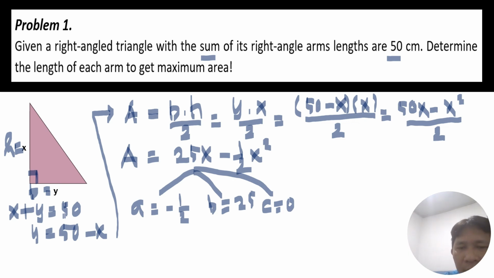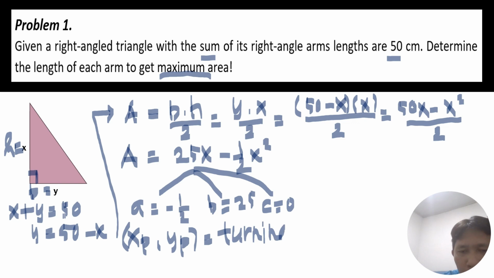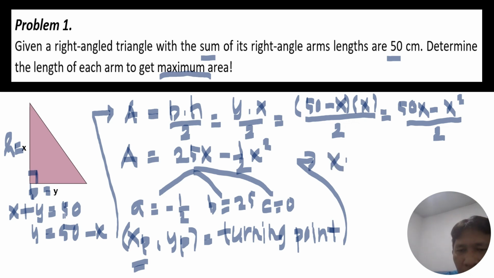Okay, now we know the concept that to get maximum area, it depends on the value of xp. So we have xp and yp as the coordinate of the turning point. This is the turning point coordinate. So just focus on this xp. Then we can have the value of xp by the formula minus b over 2a.